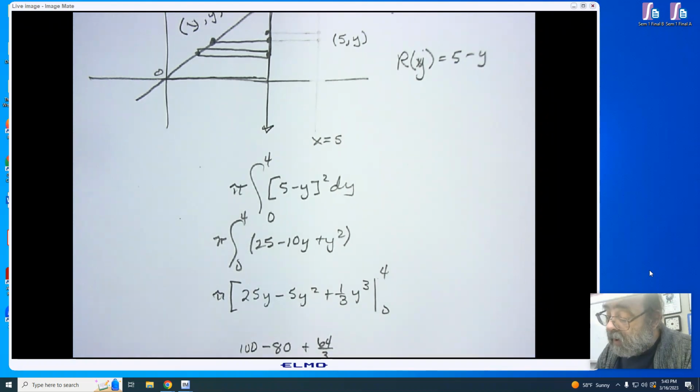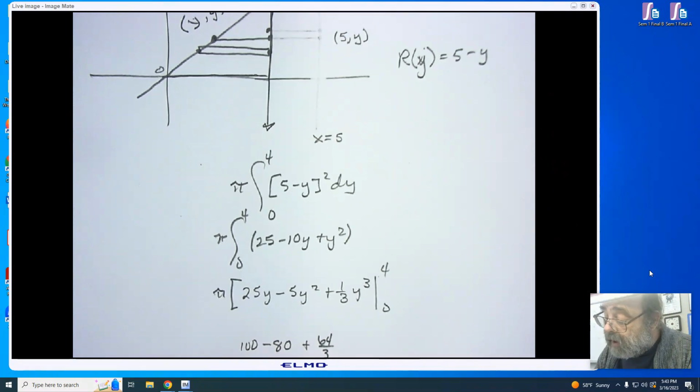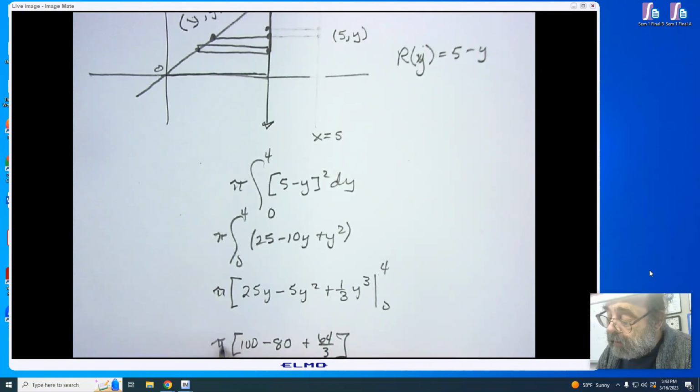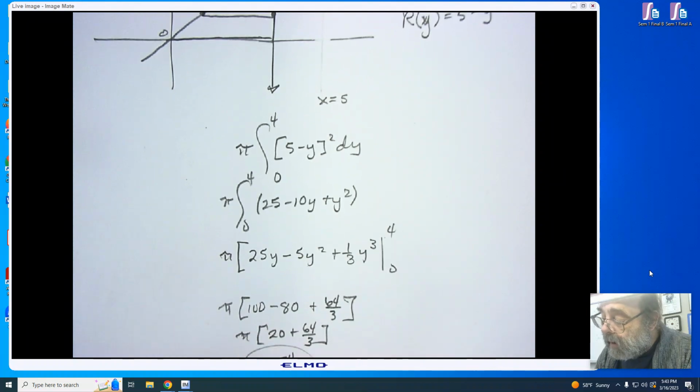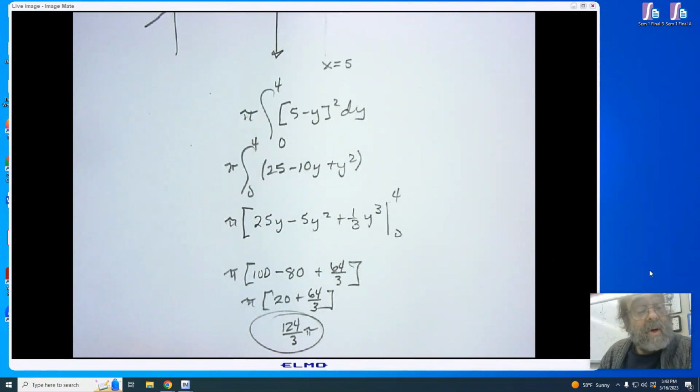And that's going to give me 20 plus 64 thirds. That's 124 thirds multiplied by pi. And my answer is 124 thirds. Let's go ahead and move on.